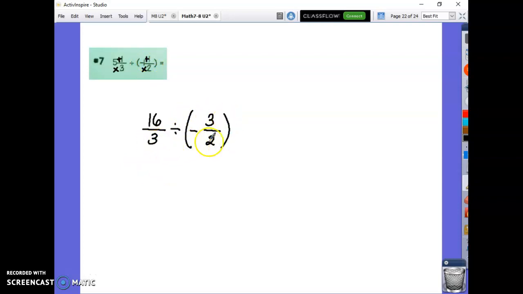Turn them into improper fractions before you apply the keep, change, flip rule, because you can't really flip a mixed number. Now you're going to take 16 over 3 because we keep that, change that division to a multiplication, and flip or take the reciprocal of that second fraction, so 2/3.